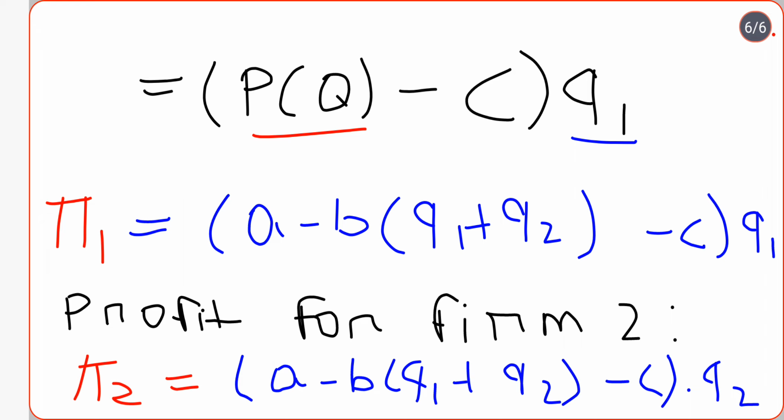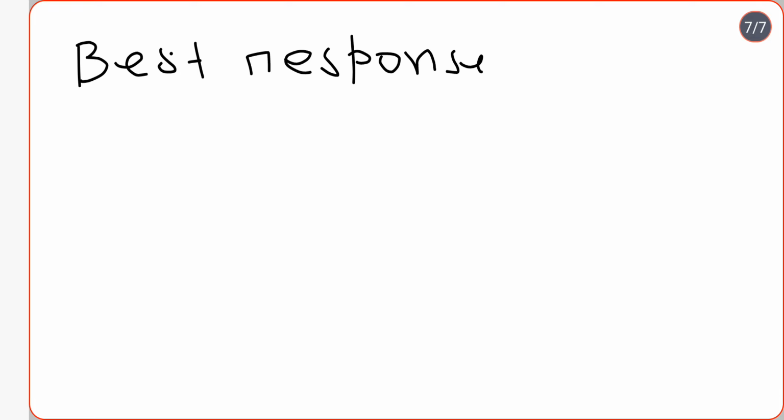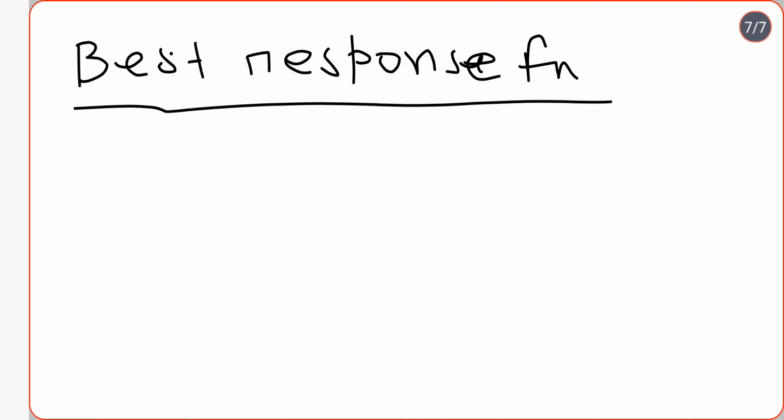Now we want to find out the best response function for farm 1 and farm 2. So let us write the best response function. For finding it, we have to understand that each farm maximizes its profit by choosing the amount of Q1 and Q2.